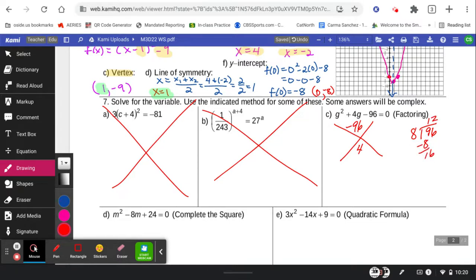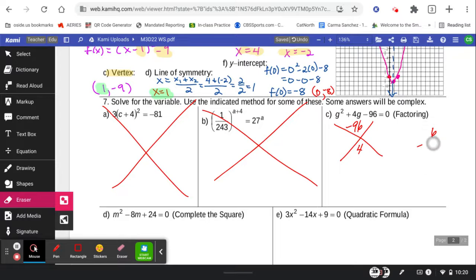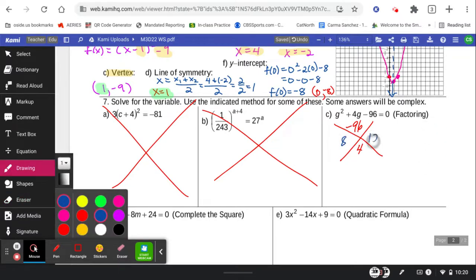Oh, there it is, 8 and 12 makes 96. Okay, which one's going to get the negative then? You got it. And now we write out those factors. G minus 8, G plus 12 equals 0.